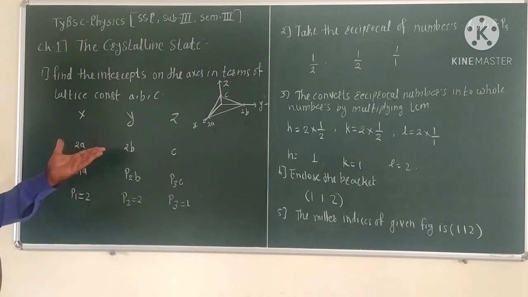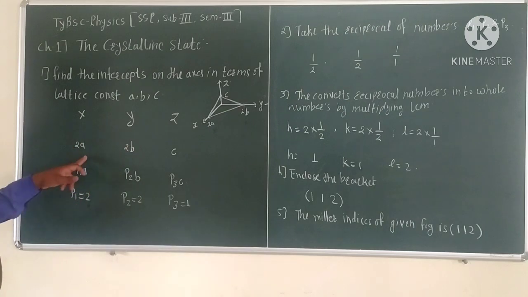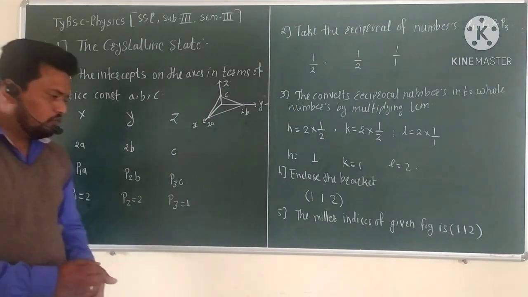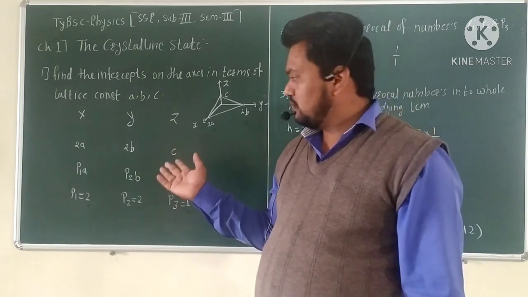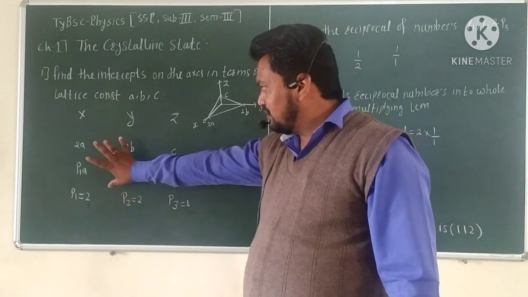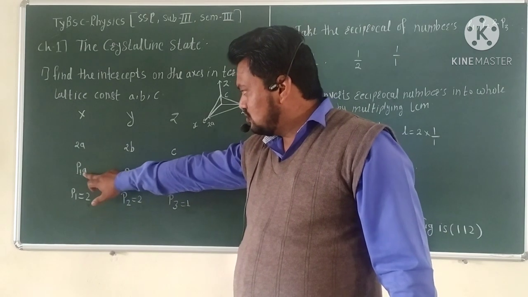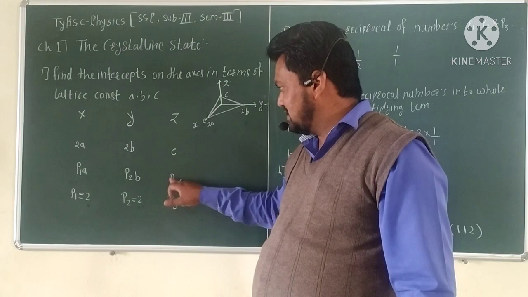On the xyz axes the plane gives 2a, 2b and c. Next, we define the parameters x is equal to p1a, y is equal to p2b and z is equal to p3c. Comparing, we get p1 is equal to 2, p2 is equal to 2 and p3 is equal to 1.